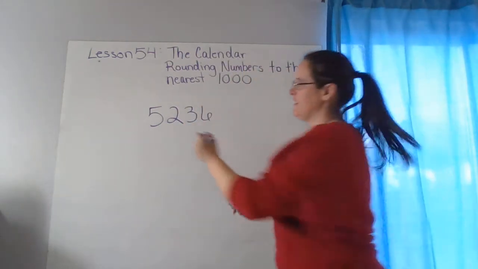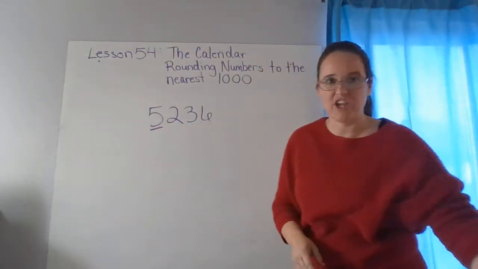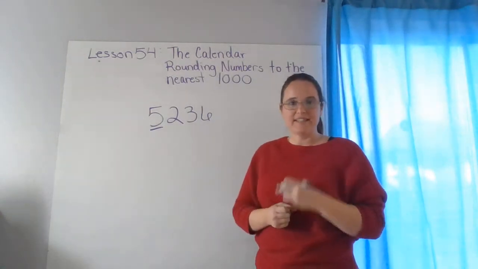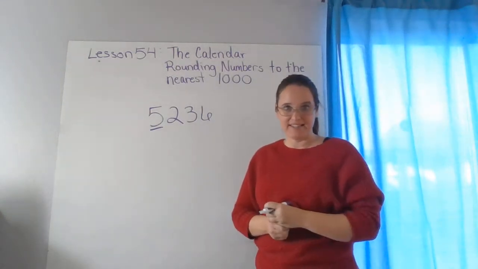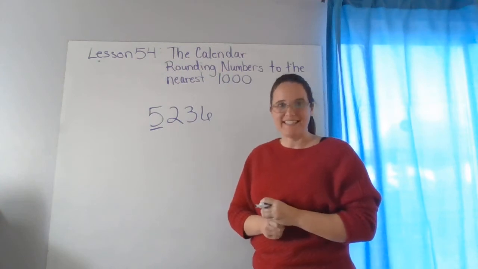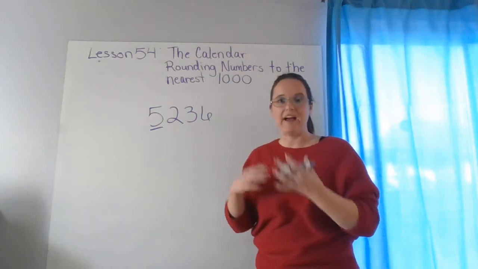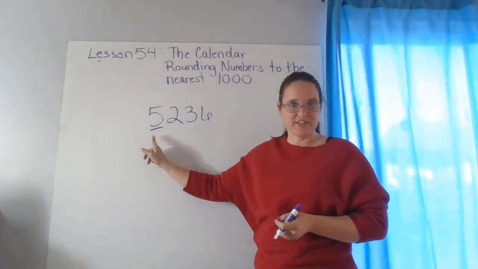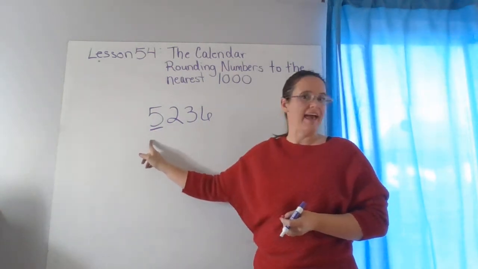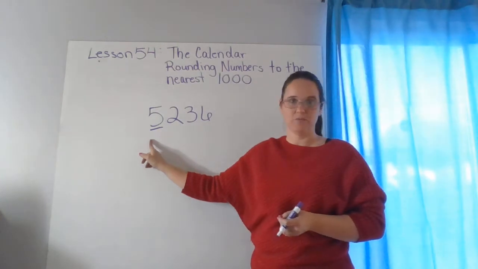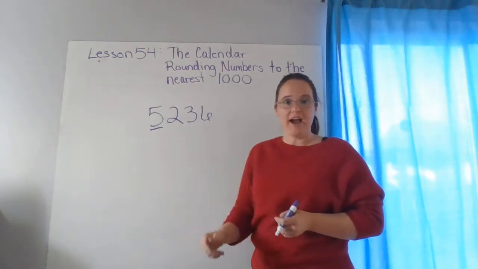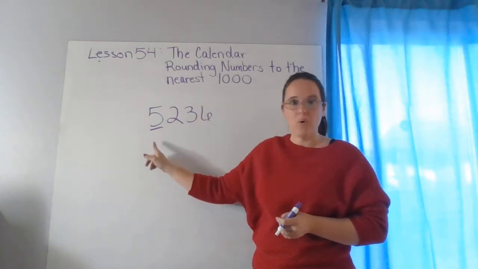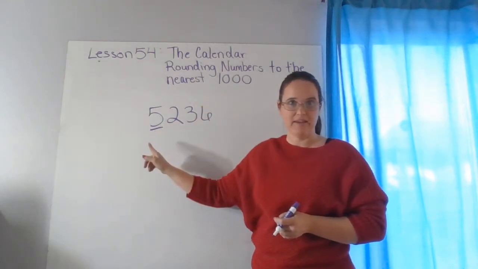Okay, if I round to the nearest 1,000, the reason I changed this is because that last one's going to round up. And where my students tend to make the biggest mistakes is when you have to round down. Because we say round down, which makes them think we're going to change this digit to a 4. And we will never do that. When you're rounding, you either make the digit one number higher or you leave it the same.